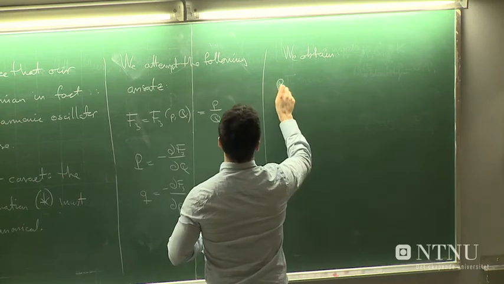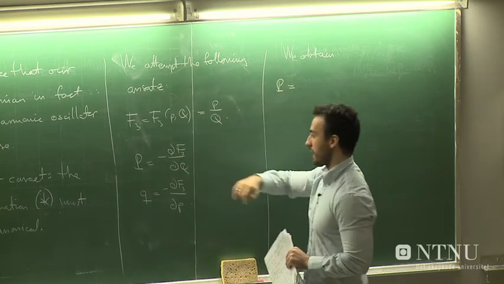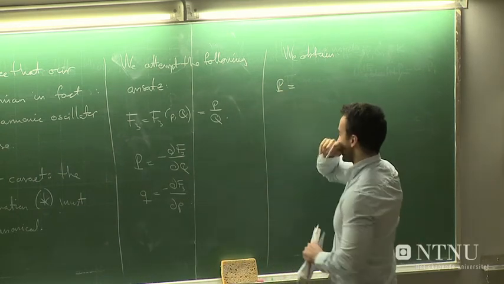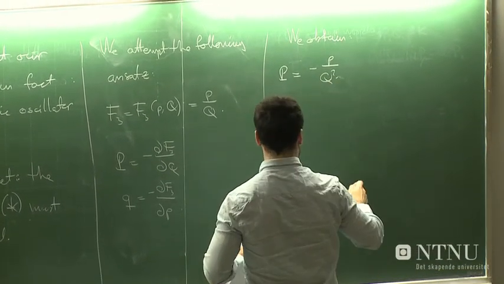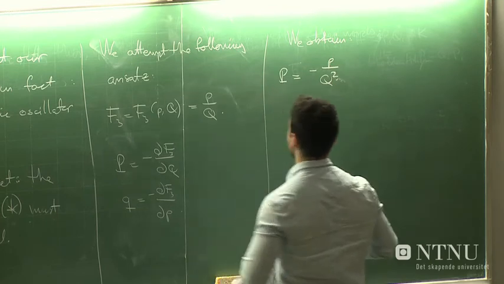Okay, so large P is minus the partial derivative of F3 with respect to Q, so it should be minus P over Q squared.